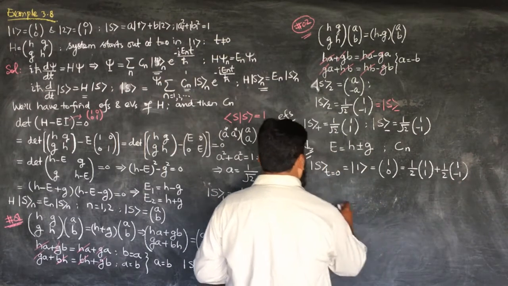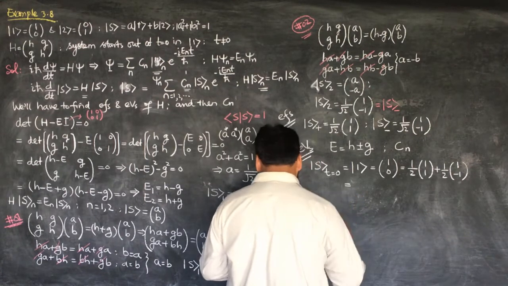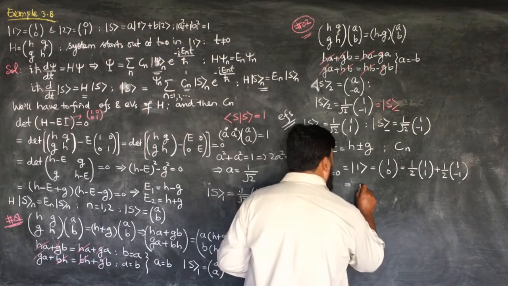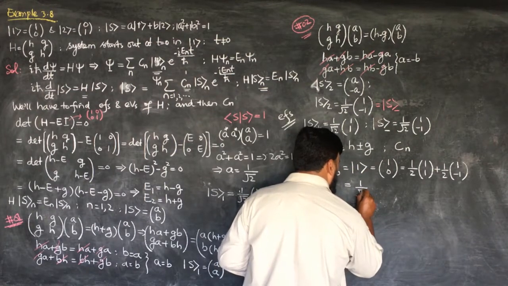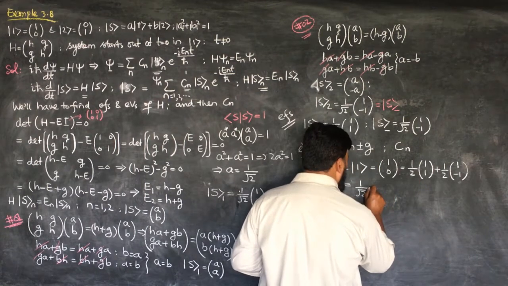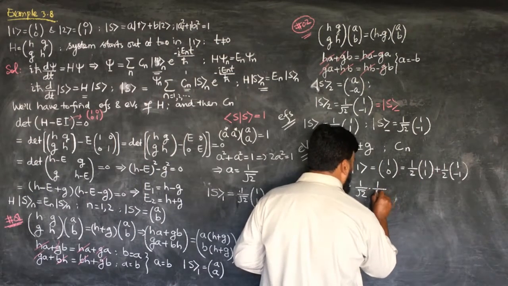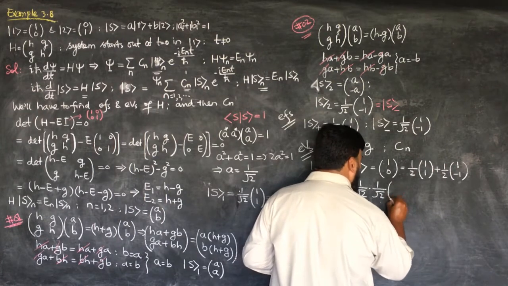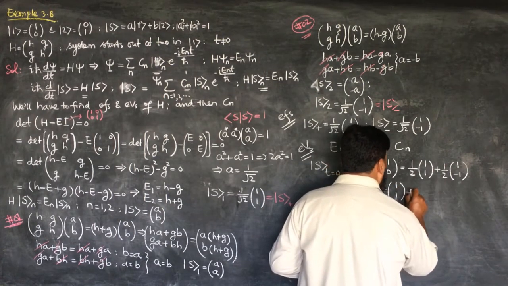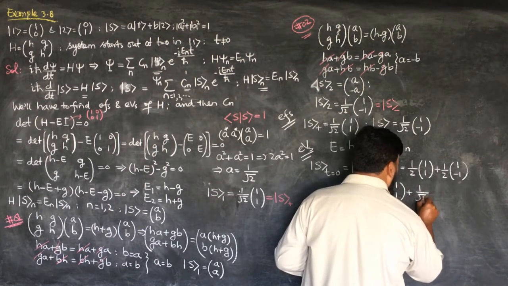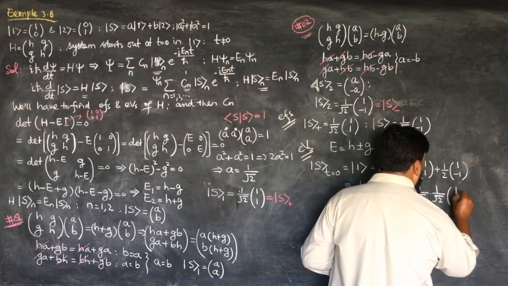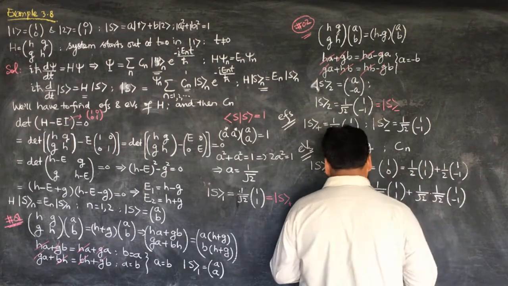Now I can further write this thing as, if I take 1 over square root 2, I write this as square root 2 times 1 over square root 2, and 1 over square root 2, and I write this as 1, 1, and then plus again 1 over square root 2, 1 over square root 2, and this I write as 1, minus 1.